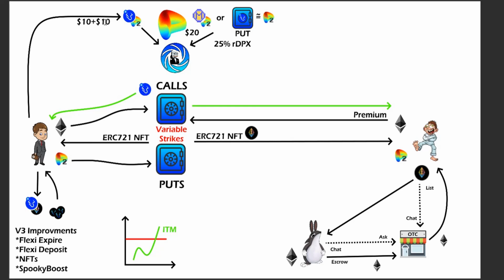So he's going to pair them 50-50 because this is not a stable asset. This is not an asset that's always worth $1, so it has to be paired with some sort of stablecoin, okay? I'm just going to use 2pool tokens for the hell of it, but I don't know exactly what they're going to pair it with, right? So $10 of these rebate tokens and $10 of stablecoins, and they make this LP, okay?